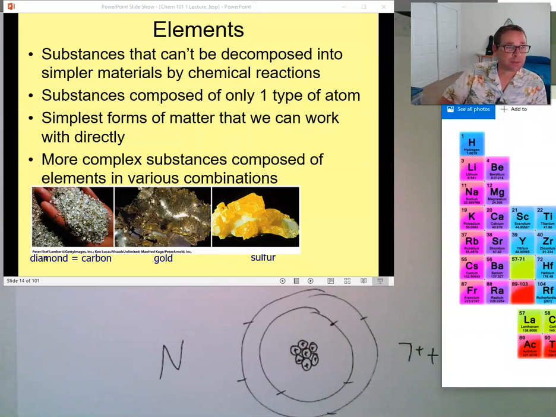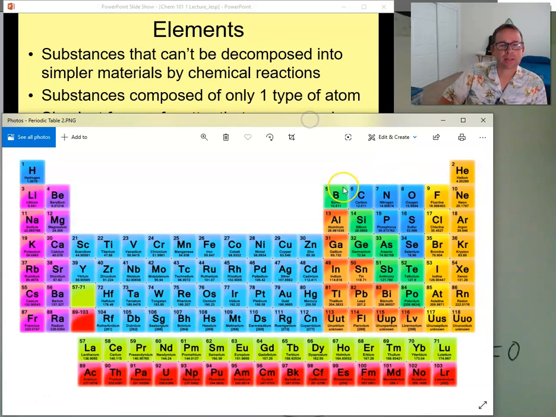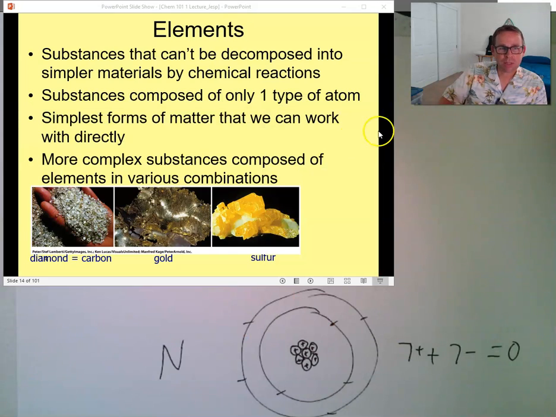And diamond is made of carbon. Carbon has 6 protons in each atom. So sometimes materials are elemental. That means all the atoms are the same element. Okay? When things are compounds or molecules, that means that it's a combination of different kinds of atoms. Okay.